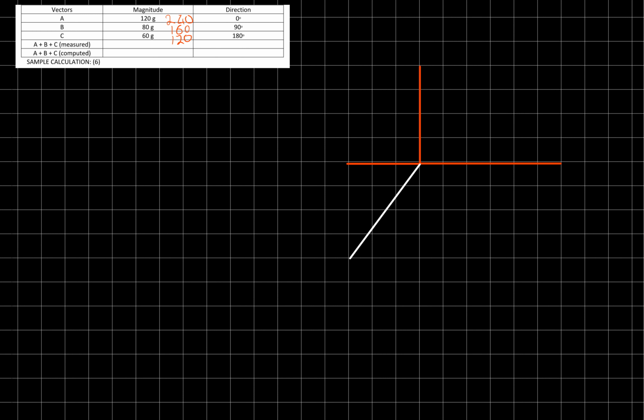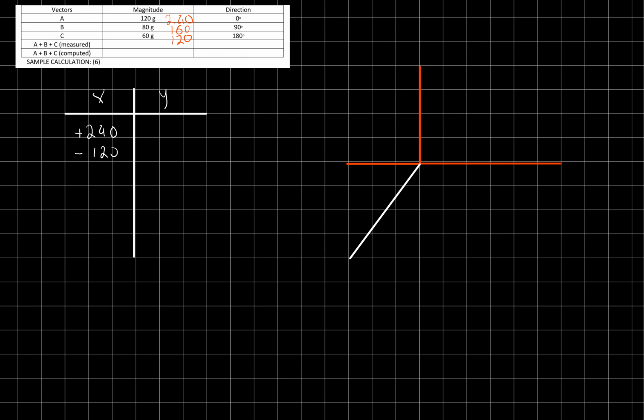So the easiest thing to do here is to create an x and y component table. We have the x components and the y components because we have a bunch of them. For the x component, we have a positive 240. C is negative because it's at 180 degrees, so that's going to be negative 120.